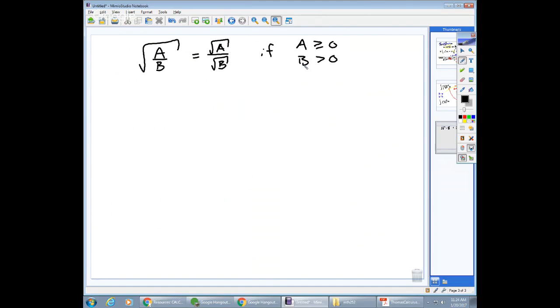So our a was x minus 1. If that has to be greater than or equal to 0, then that would imply that x has to be greater than or equal to 1. So if we stick with that condition, then we could rewrite it as the square root of x minus 1 over the square root of x to the 5th. And that could be rewritten further, right?